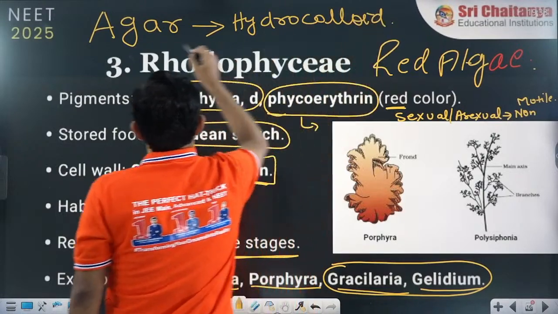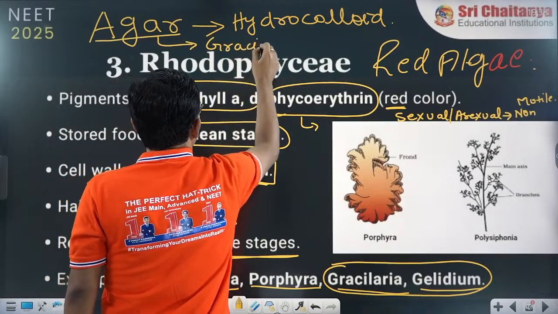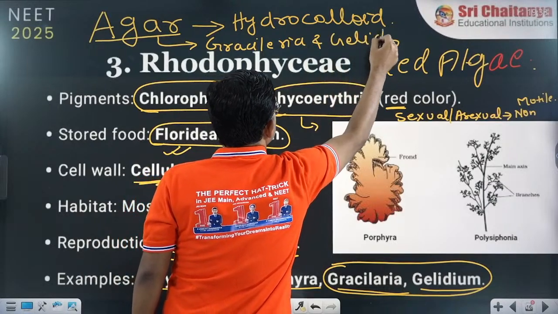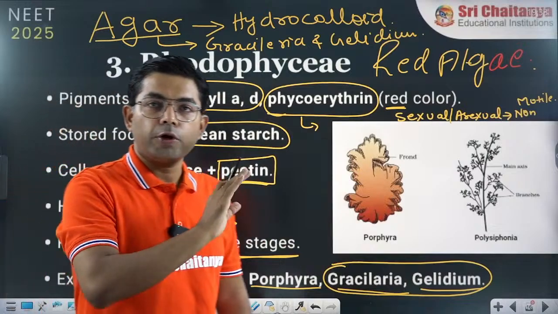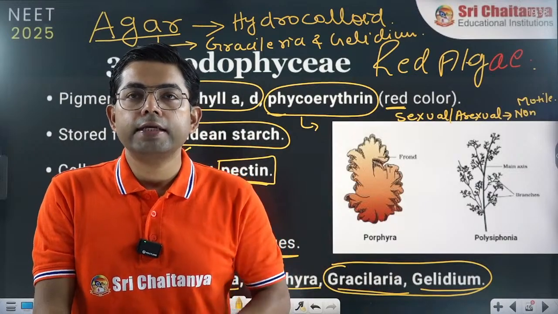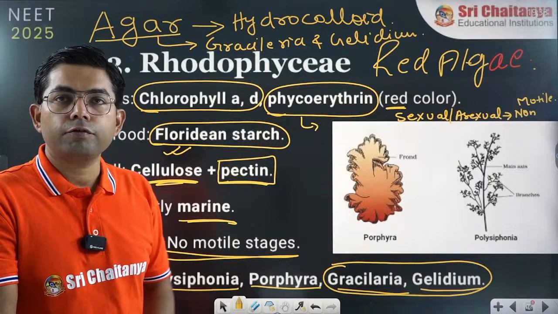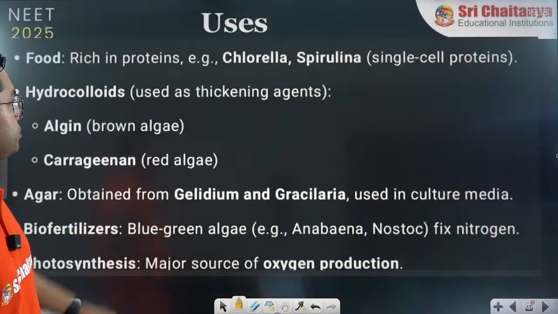It is a hydrocolloid and agar is obtained from Gracilaria and Gelidium. So is this point clear? So we have seen two hydrocolloids. One is algin obtained from brown algae, agar obtained from red algae, right? So now let's move ahead.